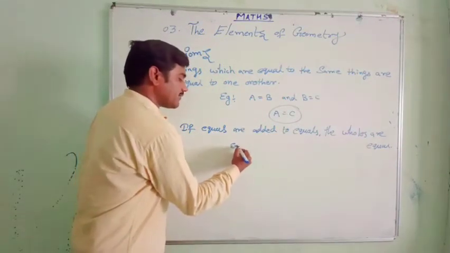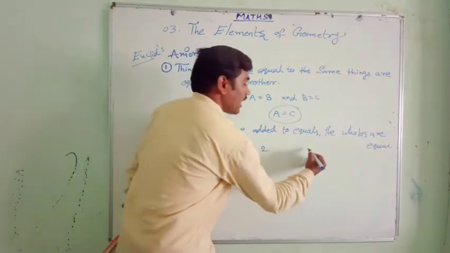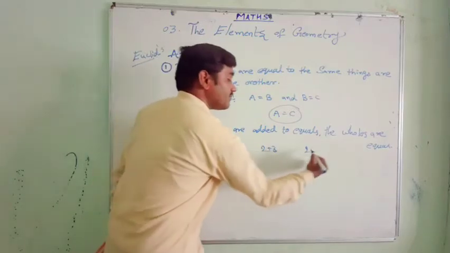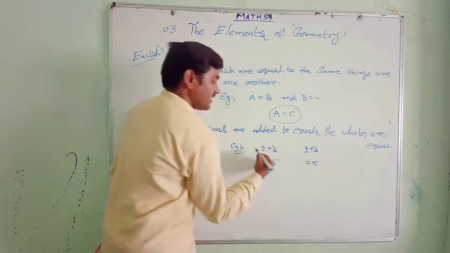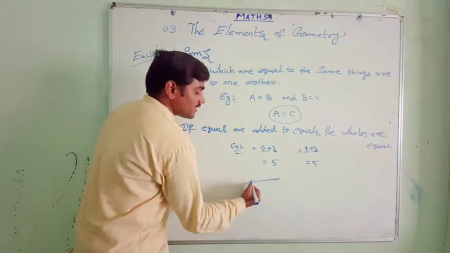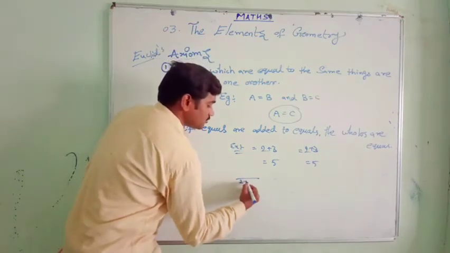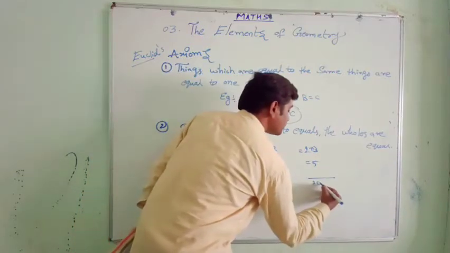You can take geometrical examples or constant examples. Suppose here number 2 and here also number 2. If these two are equals and you add an equal number to these two, then their wholes will also be equal. For example, there is a 2 centimeter line segment here, and here also a 2 centimeter line segment.